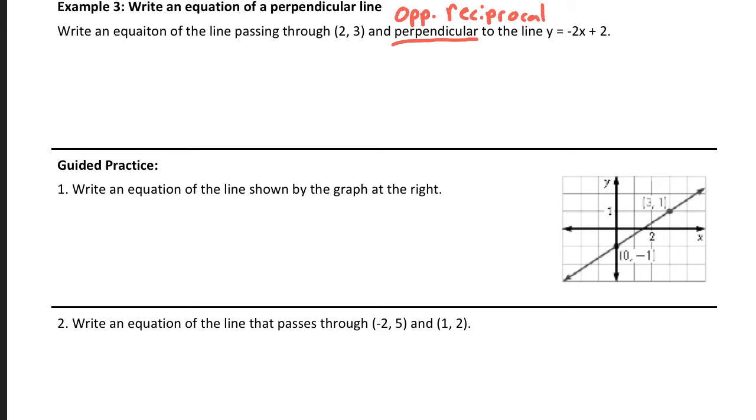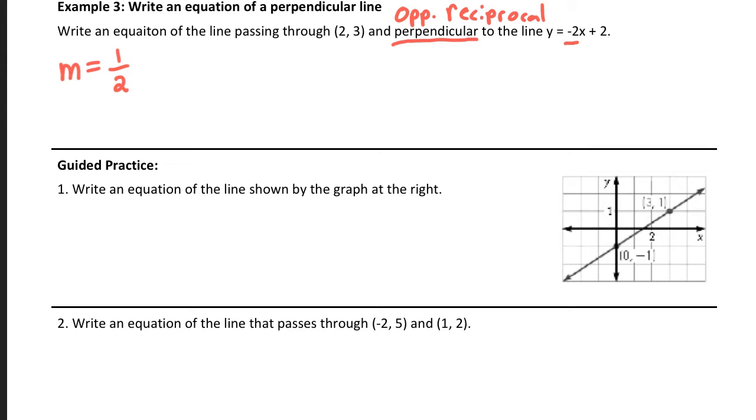So if our given slope of this line is -2, the slope of our perpendicular line is going to be opposite, meaning it's going to be positive, and it's the reciprocal of 2. The reciprocal of 2 is 1/2. So perpendicular is the opposite reciprocal.